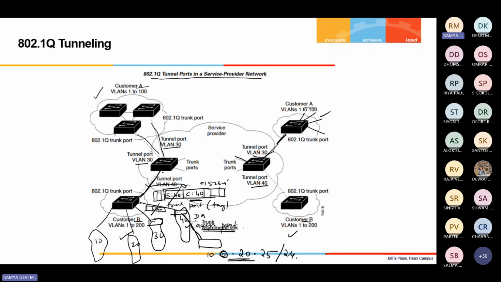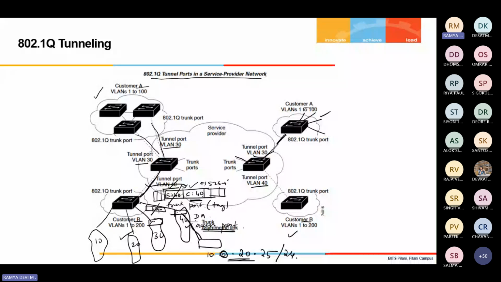The service provider will include the service provider VLAN tag and the customer's VLAN tag also will be included. So this tunnel port will have both the identifiers. When it comes to the edge switch, the edge switch will exclude the service provider information and it will have only the customer tag information.